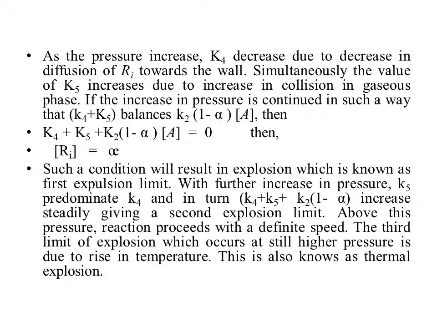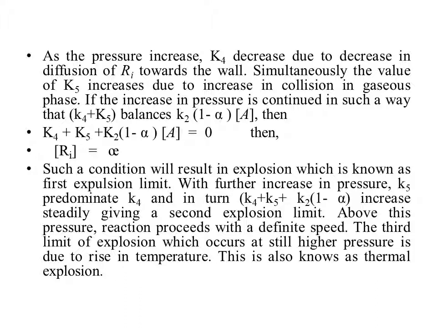Now, dear students, as the pressure increases, K4 decreases due to decrease in diffusion of Ri towards the wall. Simultaneously, the value of K5 increases due to increase in collision in gaseous phase.